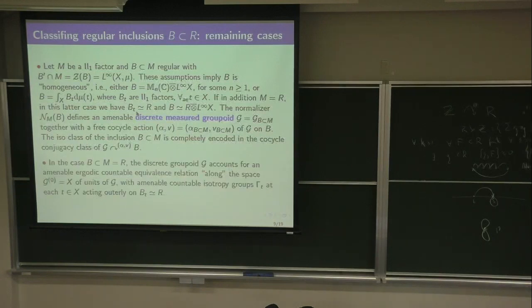So in the case R, n equals R, the discrete groupoid accounts for an amenable ergodic countable equivalence relation on the space of units.